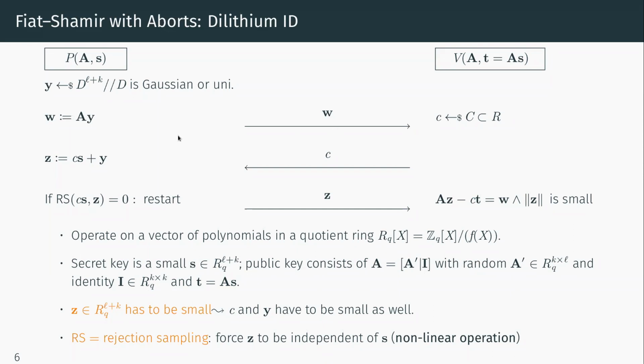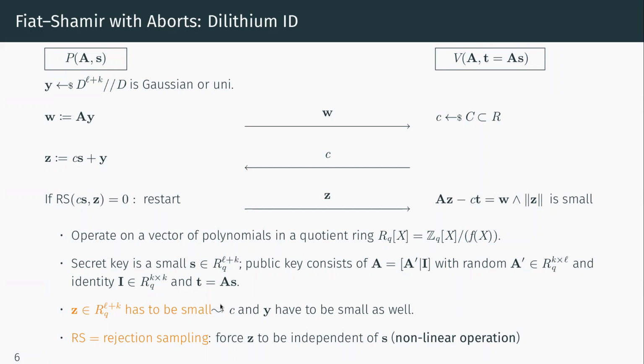In the first phase of the Sigma protocol, the prover samples randomness Y from some distribution, which is either Gaussian or uniform over some small range, and sends the commitment A times Y. The verifier returns some challenge, and then the prover constructs the response value.